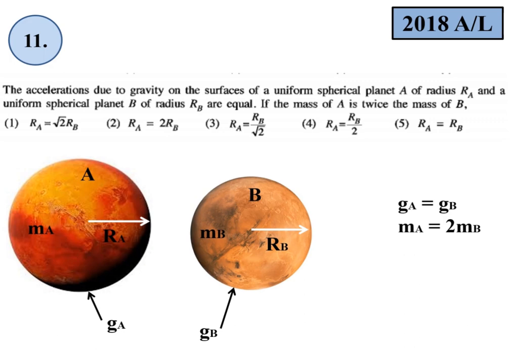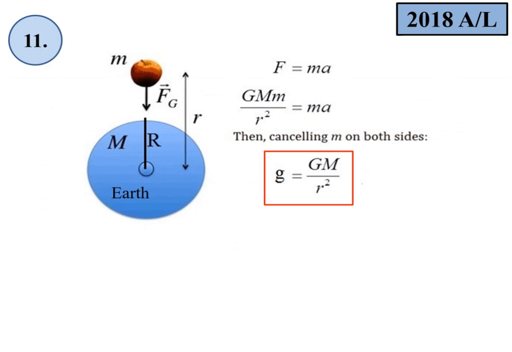Before moving into this question, let me point out the necessary data. This is the equation for gravitational acceleration. How it can be proved: consider a capital M planet with radius capital R, and a small mass m at a distance small r from the center of the planet. We apply F equals ma to the small m object towards the center of the planet.